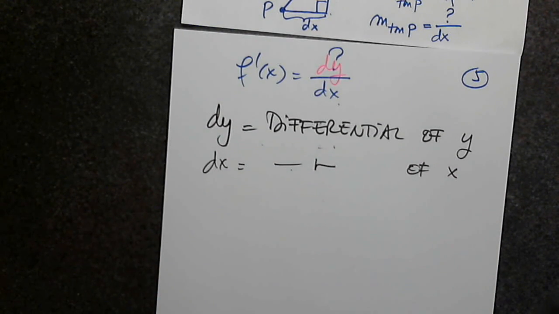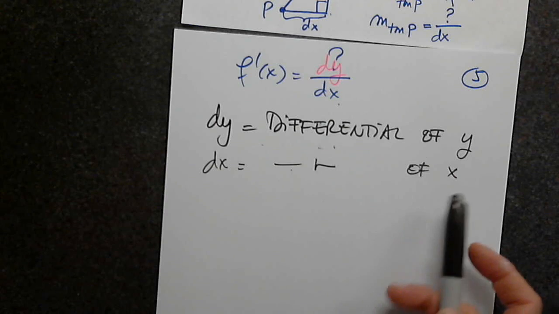I have not looked up how this word came about, but I think it's two words put together, difference and derivative. So they put them together and said the differential. That's what I think. I don't know. I have to do some research.